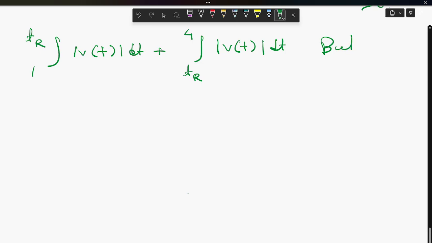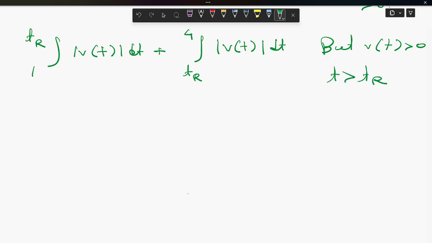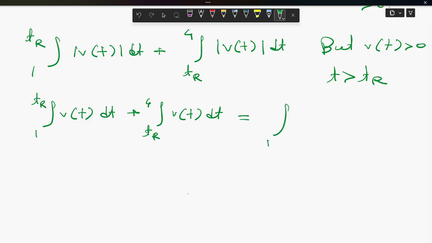But our v of t is greater than 0 and our t is greater than t r. So the distance will be now what? That will be 1 to t r, simply v of t dt, plus t r to 4, simply v of t dt, or that will be simply just integral 1 to 4 of v of t.